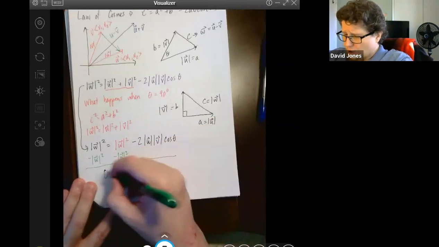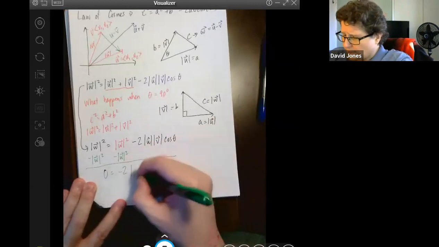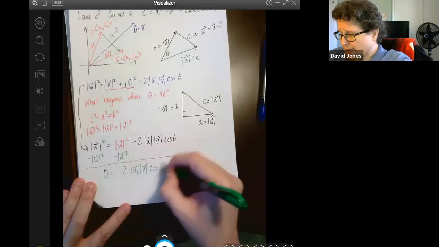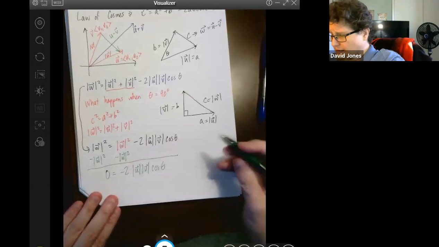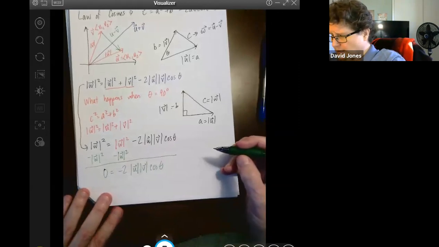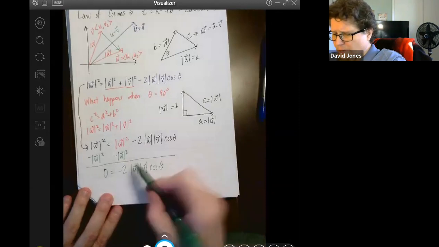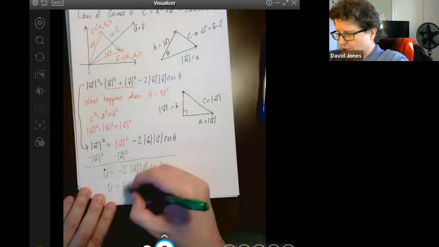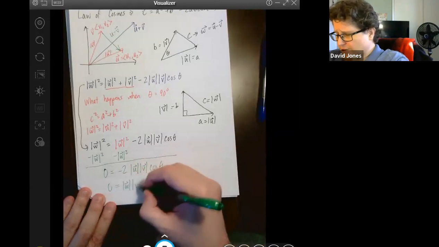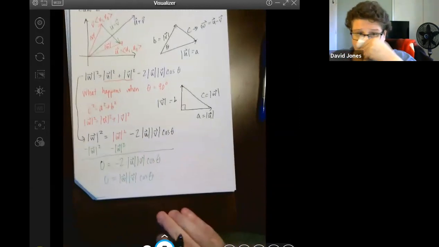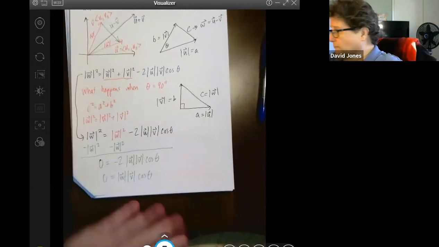And I get 0 equals -2 magnitude of u, magnitude of v, cosine of theta. If I divide by -2, I get 0 equals magnitude of u, magnitude of v, cosine of theta. Does that make sense so far?